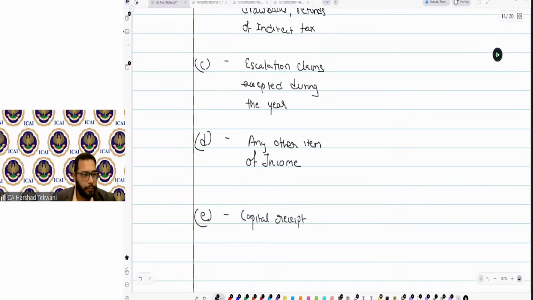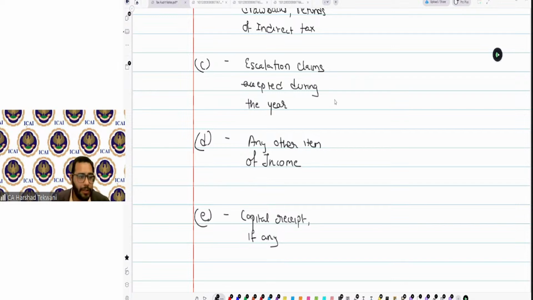If that is also not credited to the profit and loss account, not routed through it, then that is required to be reported.